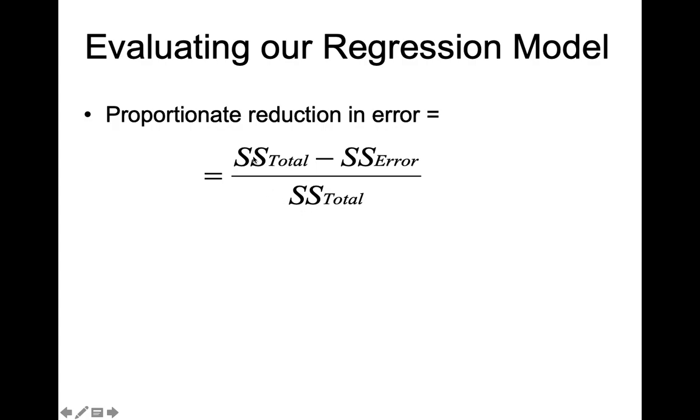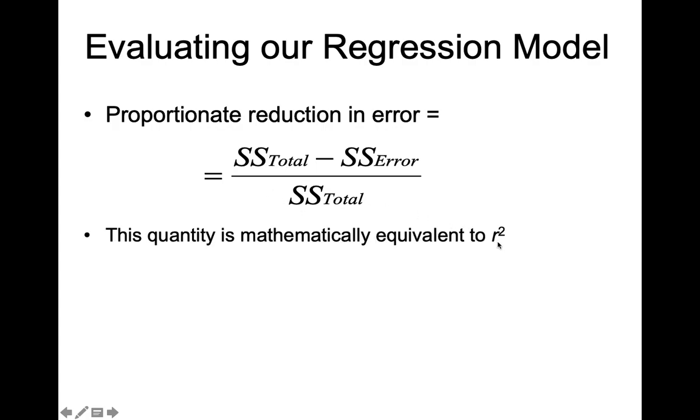So we'll end up with sum of squares total divided by sum of squares total, and that will result in an R squared equal to 1. So we have a 100% proportion reduction in error, going from all of the error that we could have to 0 error. We've reduced error by 100%.